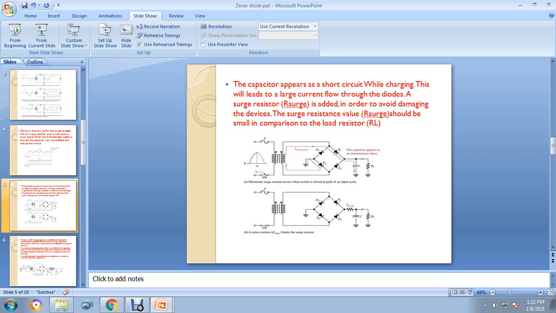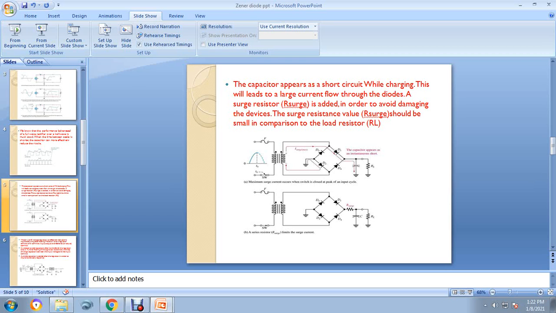Okay, so to avoid the damage, a surge resistor is used between the end point of your diode connection and this capacitor. This surge resistor value is very low as compared to the load resistor.